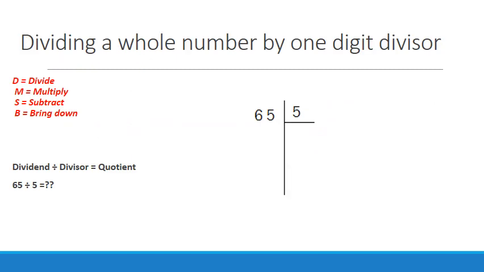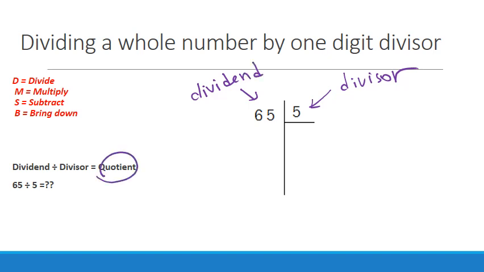Now, another objective is how can I divide a whole number by a one-digit divisor. So 5 is called the divisor. 65 is called the dividend, and I'm trying to find the quotient. How? Don't forget that there are 4 important steps to do them one after the other.